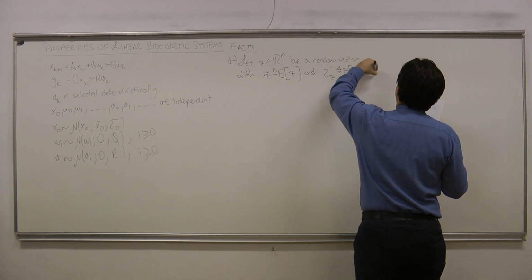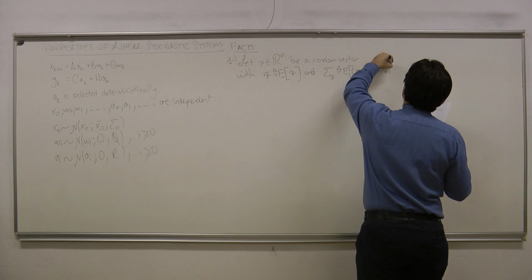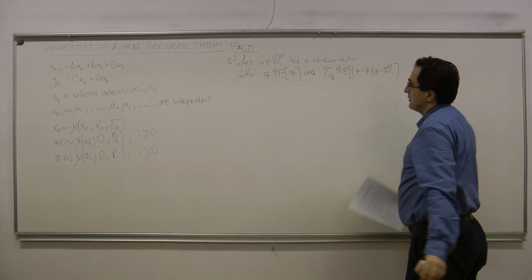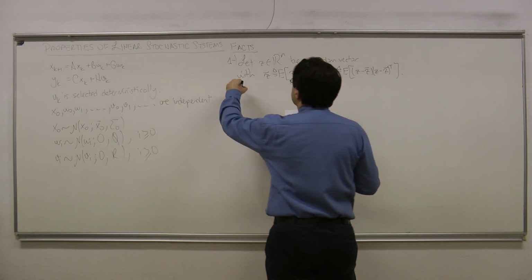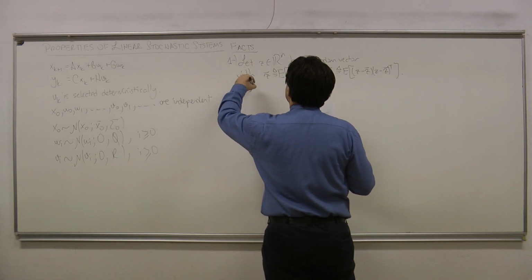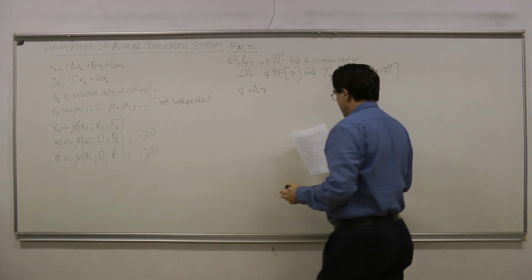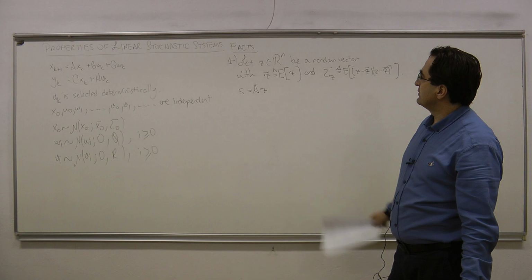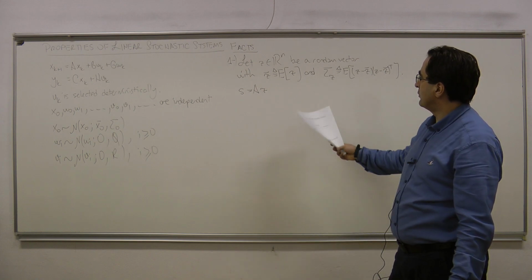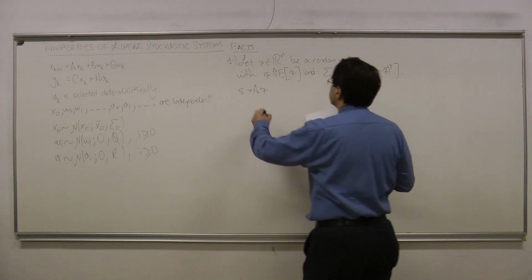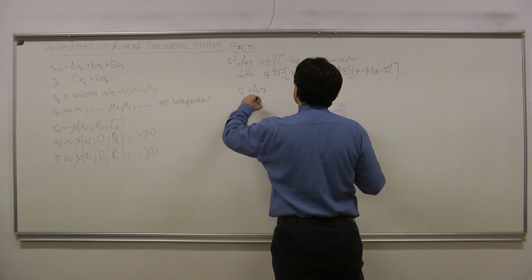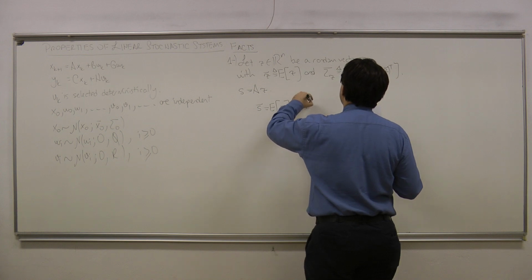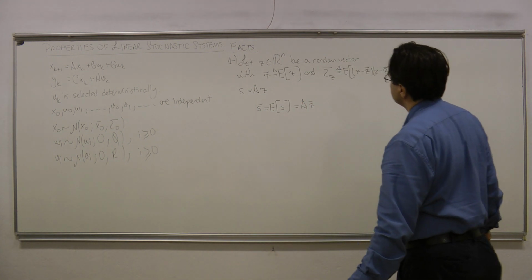Z minus Z bar, times Z minus Z bar transpose, okay? Now we are defining a new random vector, S, which is equal to A times Z. In this case, we can easily calculate the mean and the covariance of S, and they are given to us as follows. The mean of S, it is expected value of S, is A times Z bar. Okay?